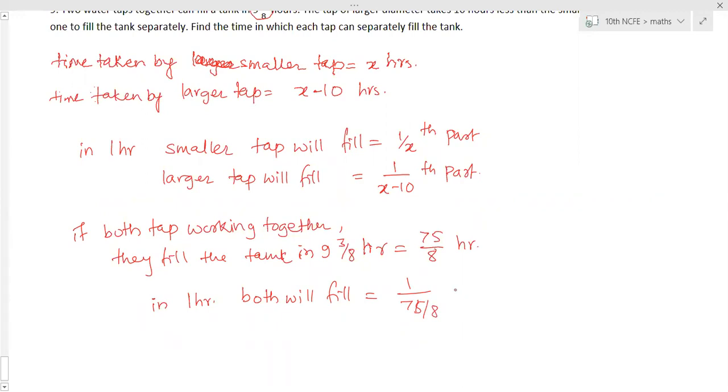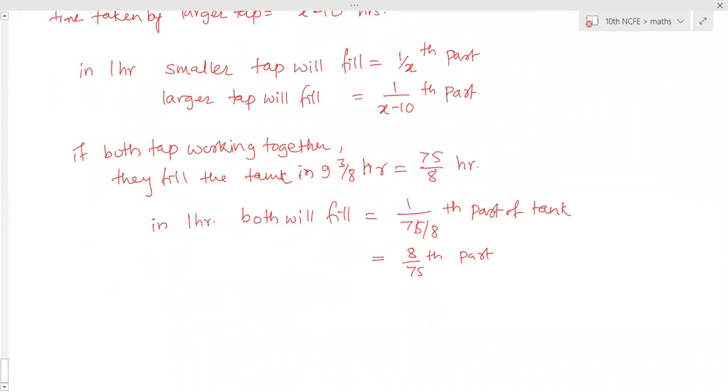That is 8 by 75th part of the tank. Now in 1 hour, one is doing 1 by X part, the second is doing 1 by X minus 10th part, and all together they are doing 8 by 75th part. Is it clear?